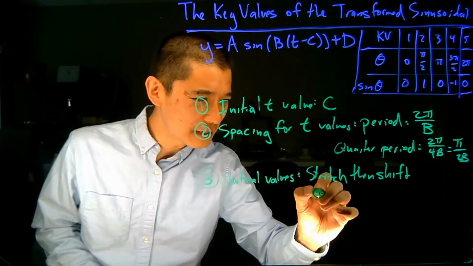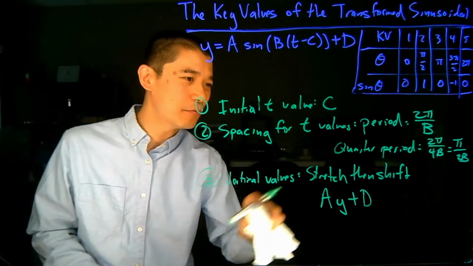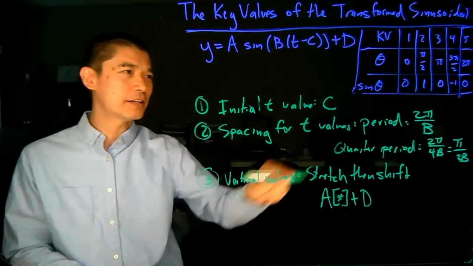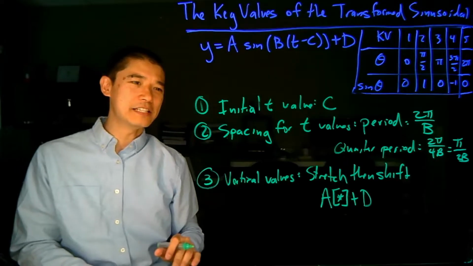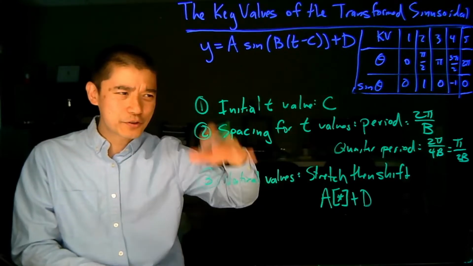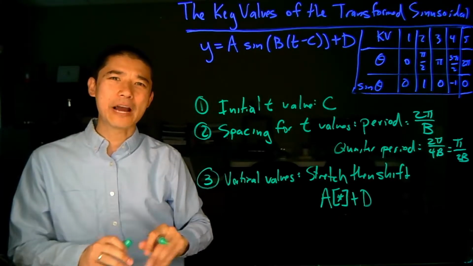So it kind of looks like this, a times an empty bracket, plus d, with the bracket corresponding to the value coming from that part. So you multiply by a and you add d. Now again, right now this is just a bunch of formulas. We'll do an example to show you this, but it won't really be until the next video when we look at the graphs that all the ideas are going to come together.